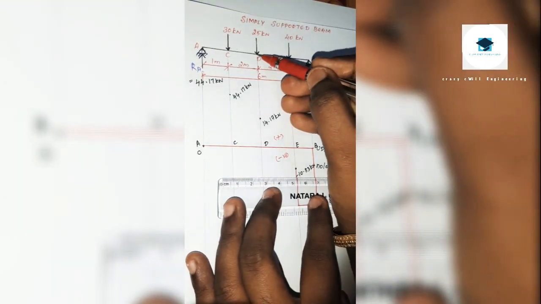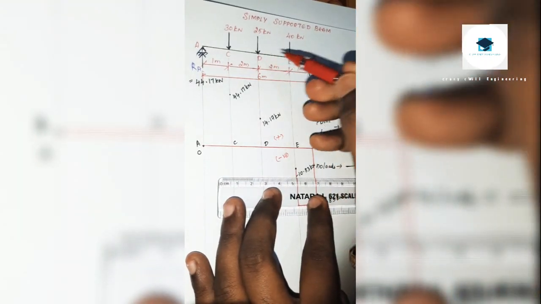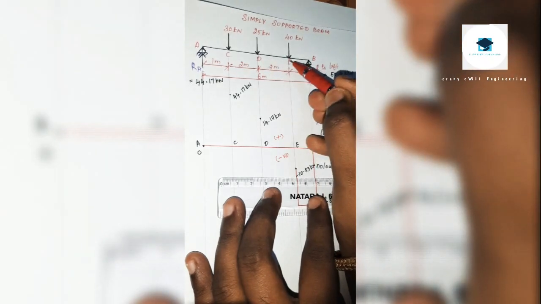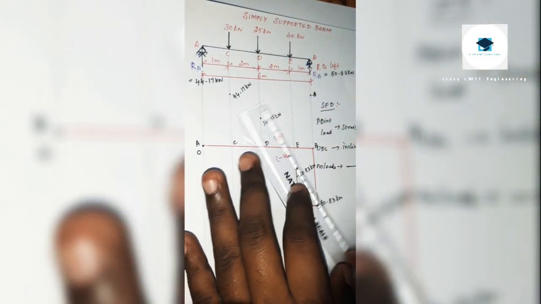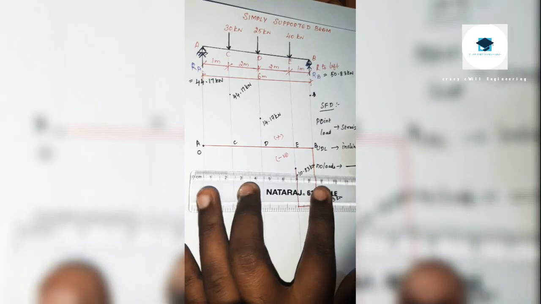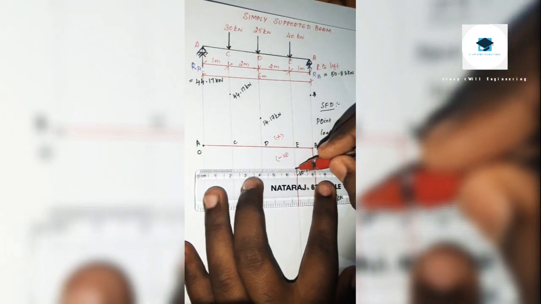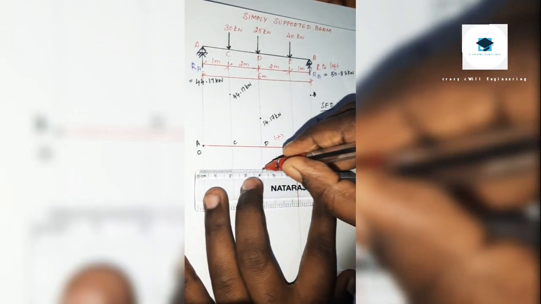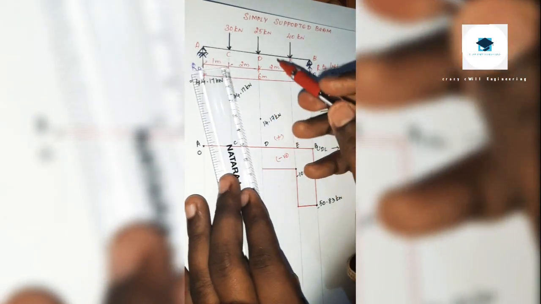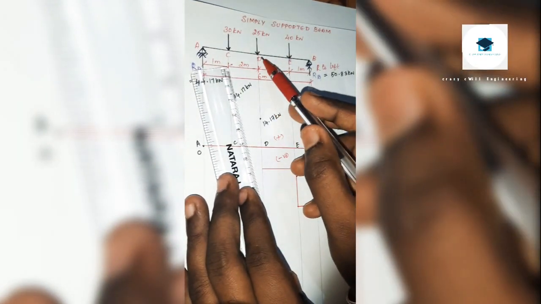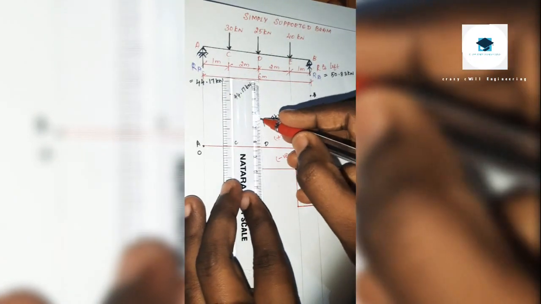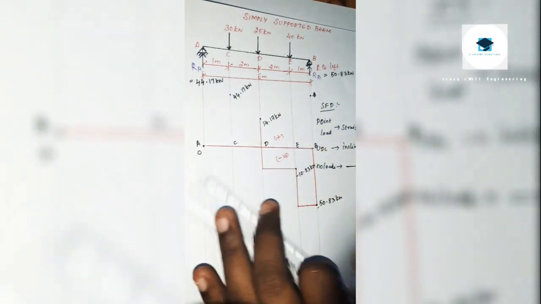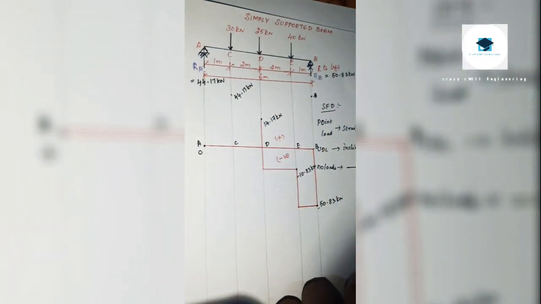Next see, 25 kilonewton is acting at D. Between D and E there is no load. And the shear force at D is 14.17. So draw it like this. Okay.